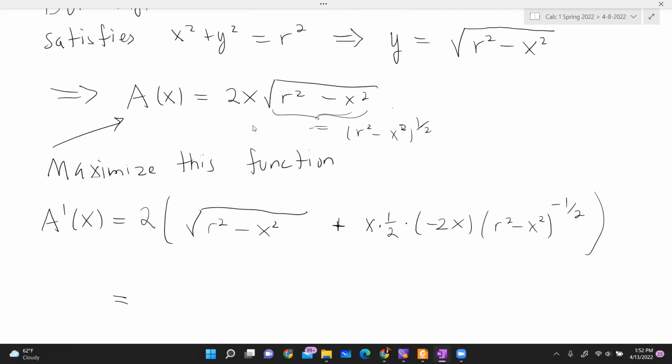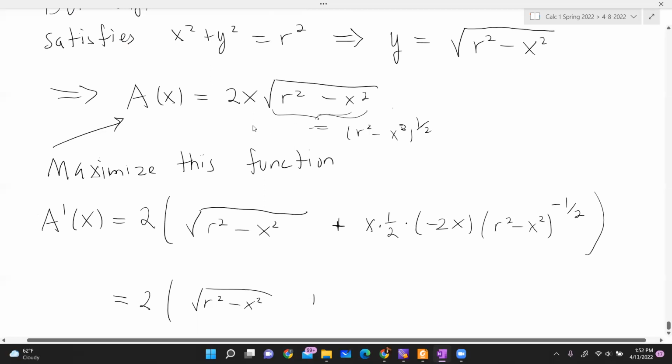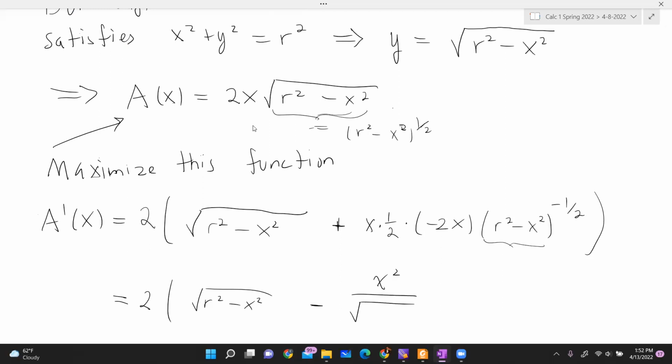At this point, we have this 2 on the outside, and we can try to simplify a little bit. The 1/2 and the 2 cancel, but then we have this negative here, and then we get x squared. This piece we'll just put in the denominator, so we get x squared over the square root of r squared minus x squared.